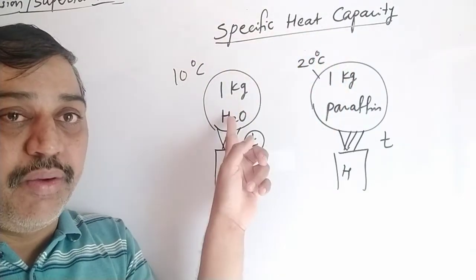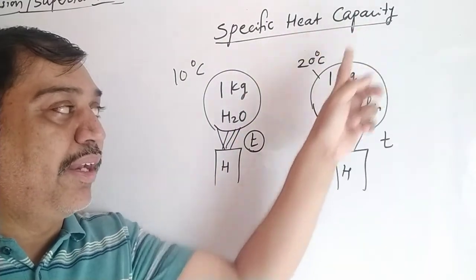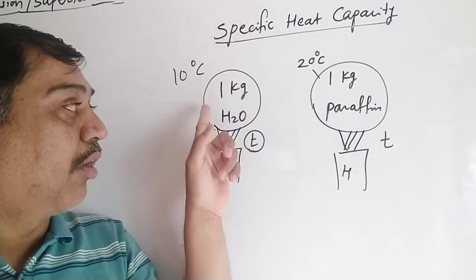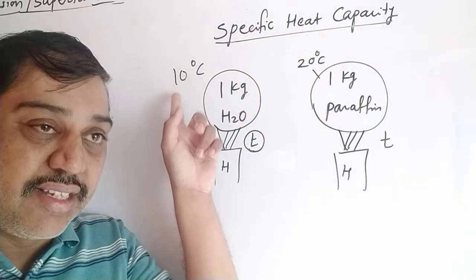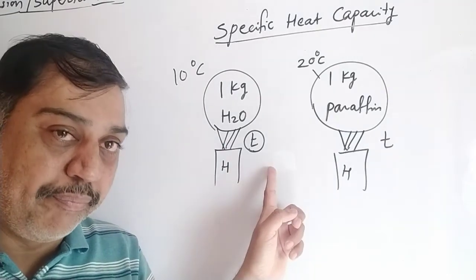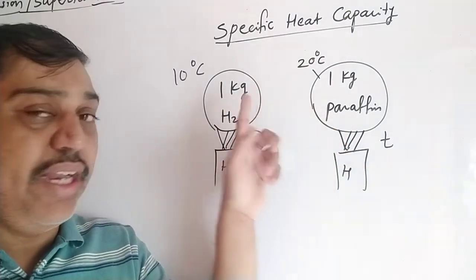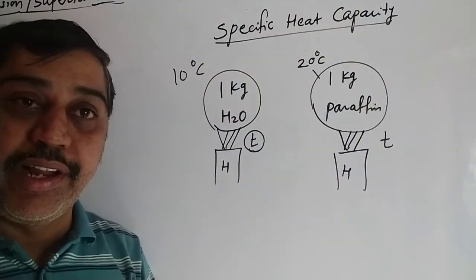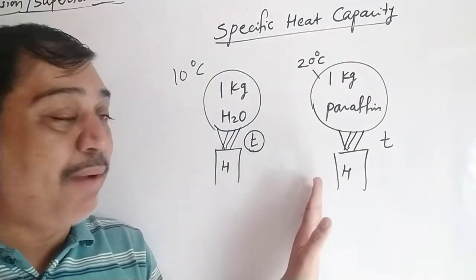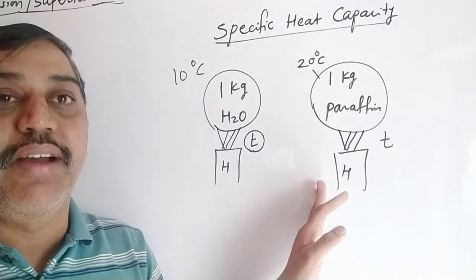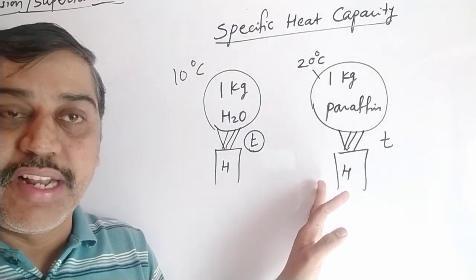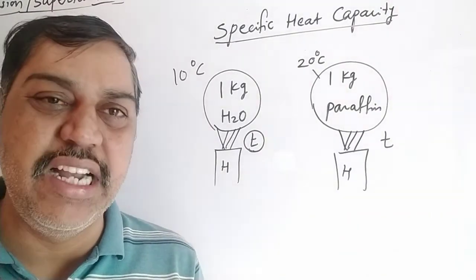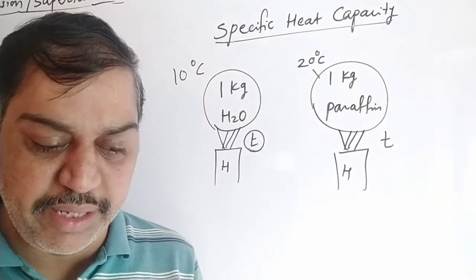The specific heat capacity of water is different, and the specific heat capacity of paraffin is different. That's why the temperature of water increases by 10 degrees Celsius due to this heat in time t, while paraffin increases double that of water, because the specific heat capacities of water and paraffin are different. And that's why it's very essential to learn what specific heat capacity is. So this is one example of why it is essential to learn specific heat capacity.